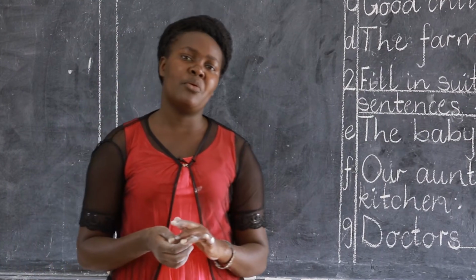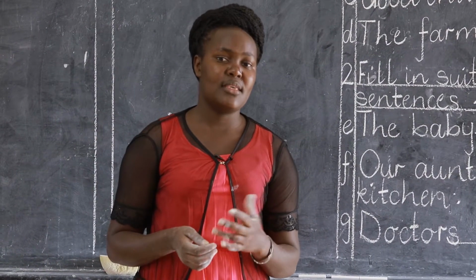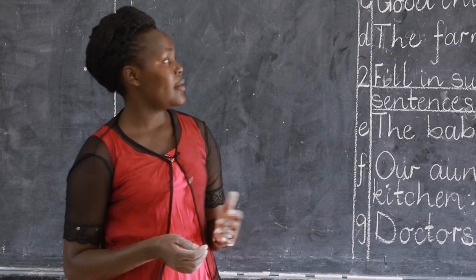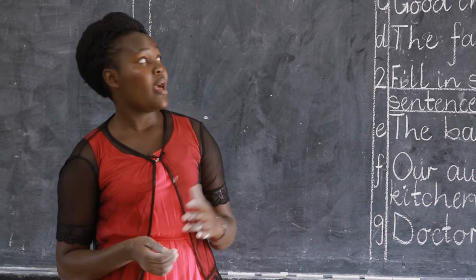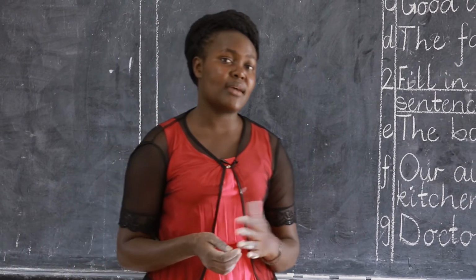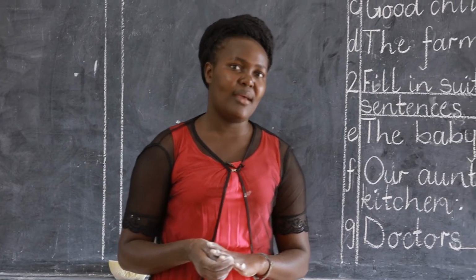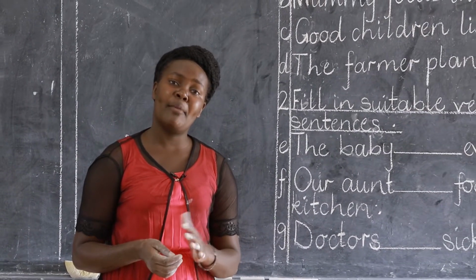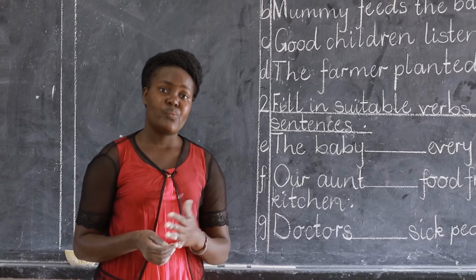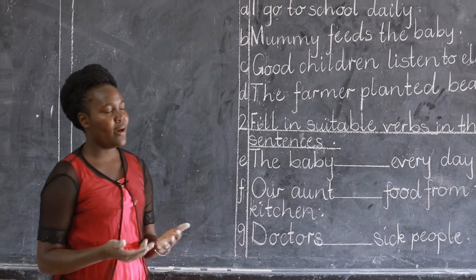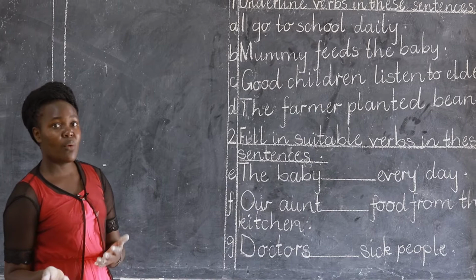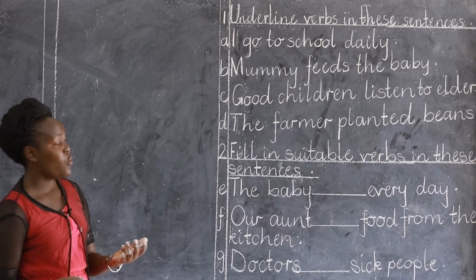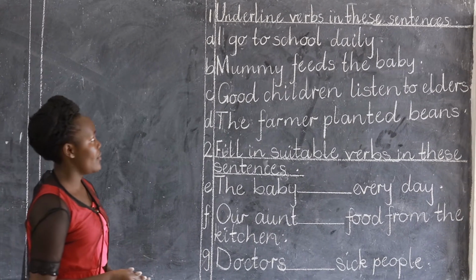And I remember very well, I left the exercise with you, and before I start off today's lesson, I want us to first go through that activity I left behind. Let me hope you were able to do the activity so that we can see where we went wrong and where we can correct ourselves.